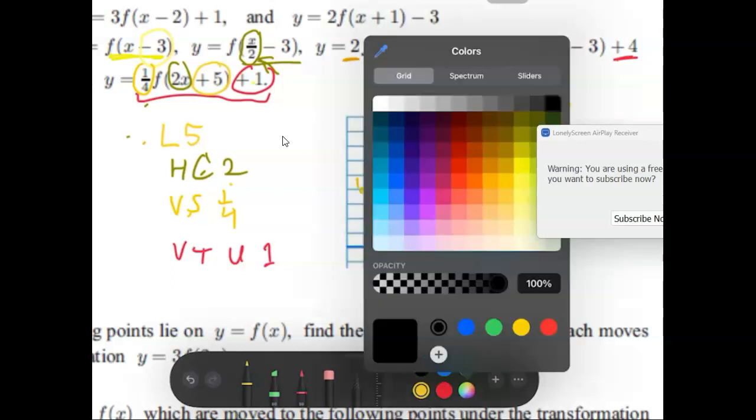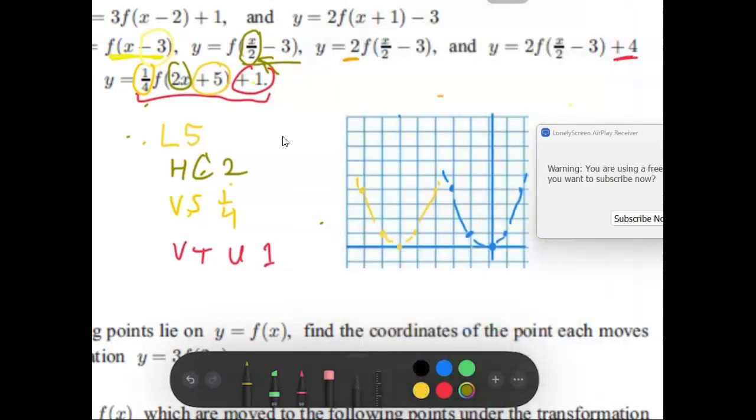And then I'm going to do horizontal compression by 2. So let's see. I moved by 5, so this is going to be 2.5. And this is going to be horizontal compression by 2. So this is 3, something like that.